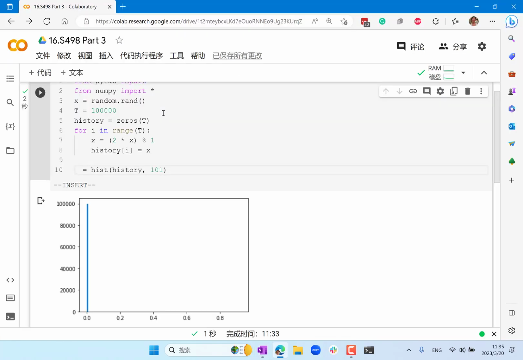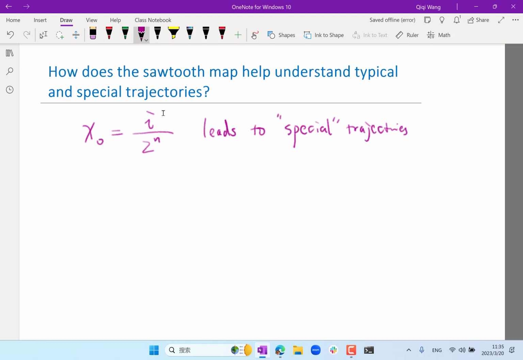All right, so this is of course a special trajectory, because its long time average is like this. Can somebody think about other special trajectories? If you start with an x0 that does not have finitely many digits, could you still have special trajectories?